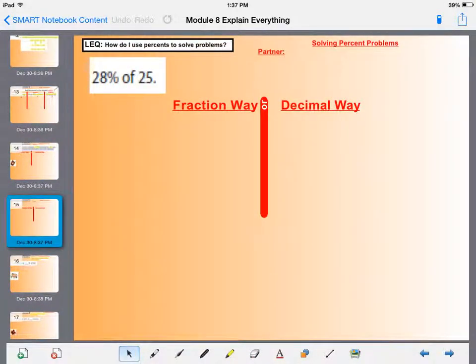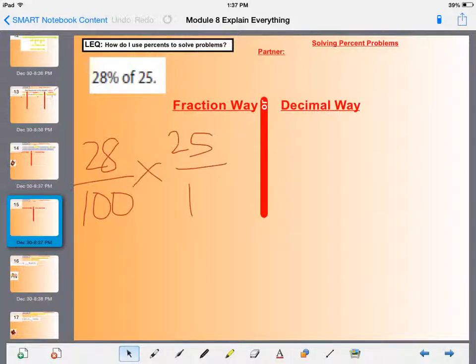Let's go ahead and try another. 28% of 25. I actually think that I'm going to make this the fraction way. Let's do 28 over 100, of means times 25, set it over 1 as a fraction. We can simplify. 25 will go into 100 4 whole times, and so we're left with 28 divided by 4, which is 7.